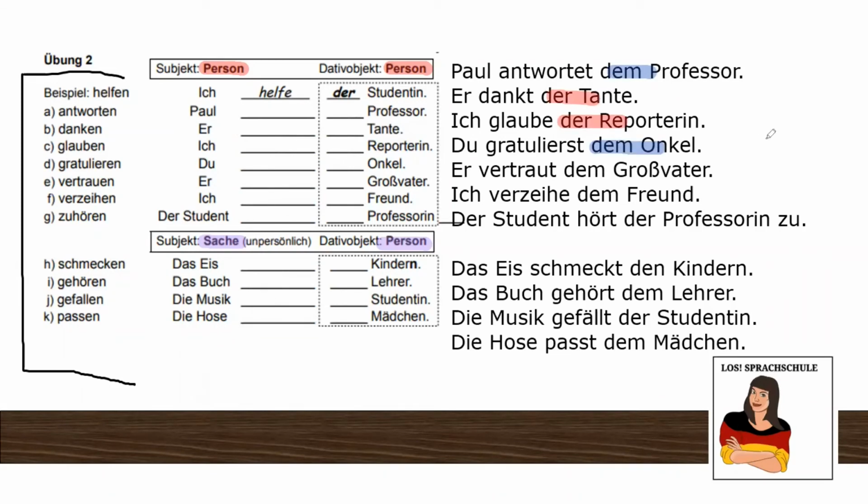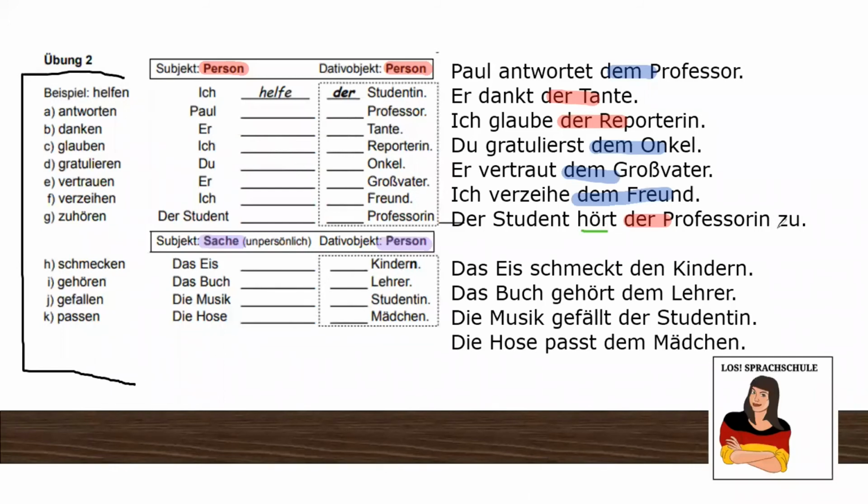You congratulate the uncle. Vertraut dem Großvater. He trusts the grandfather. Ich verzeihe dem Freund. I forgive the friend. Der Student hört der Professorin zu. The student listens to the professor, to the female professor.